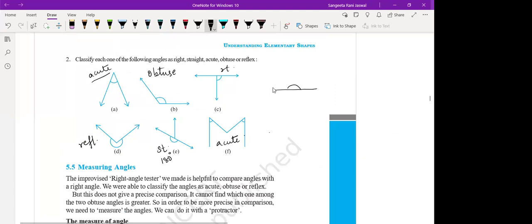Okay, now Neha. The A part is an acute angle because it's less than 90 degrees. Okay, very nice.